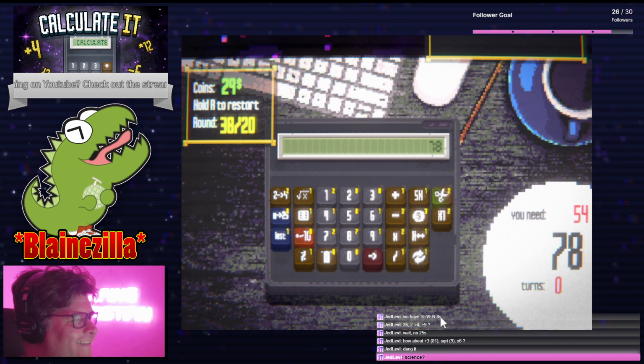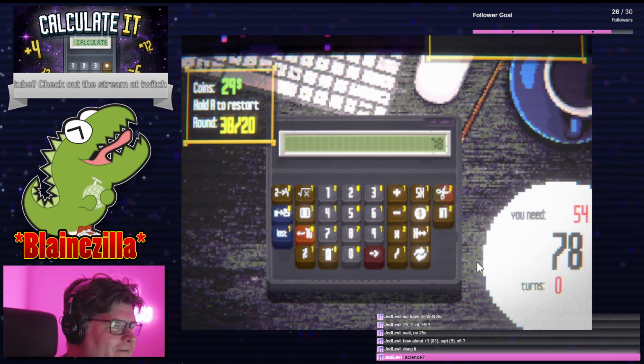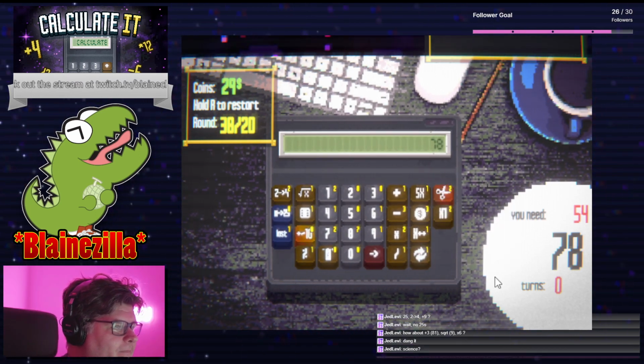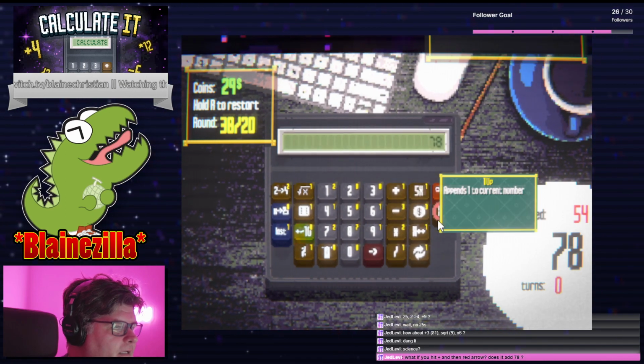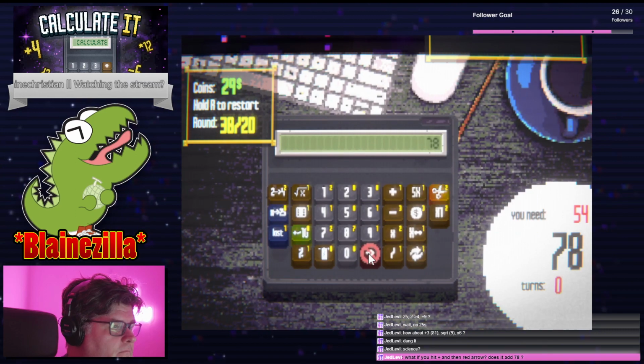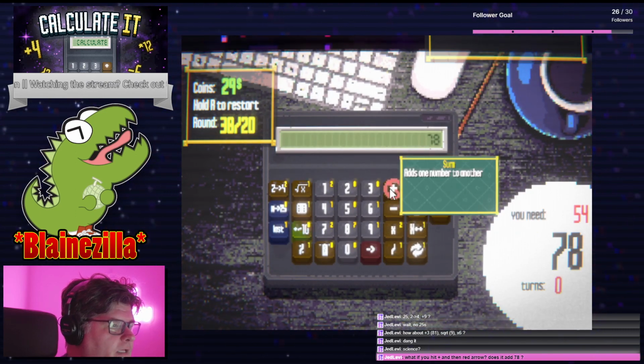Science. You mean just go try the scientific calculator? What if you hit plus and then the red arrow? Does it add 78? Nope. Good thinking, though.